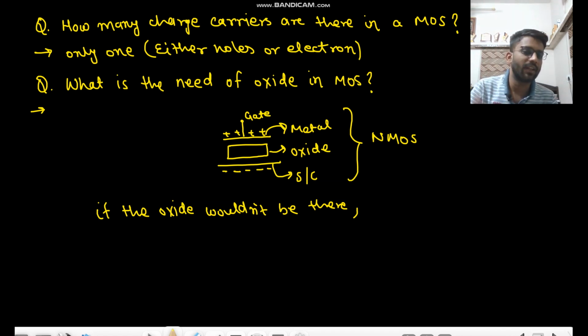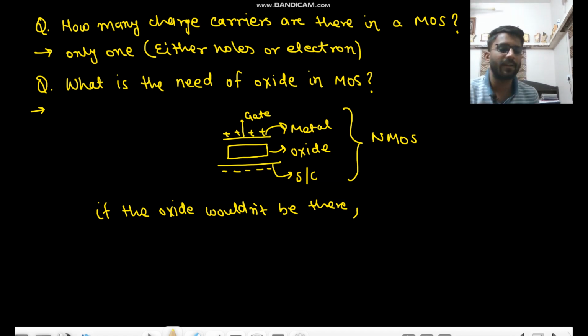If we had some metal and we apply some positive voltage and get some negative charge on the semiconductor surface, if the negative charge reaches the metal, then the inversion layer would not be formed. So this oxide prevents this negative charge from going to the metal.